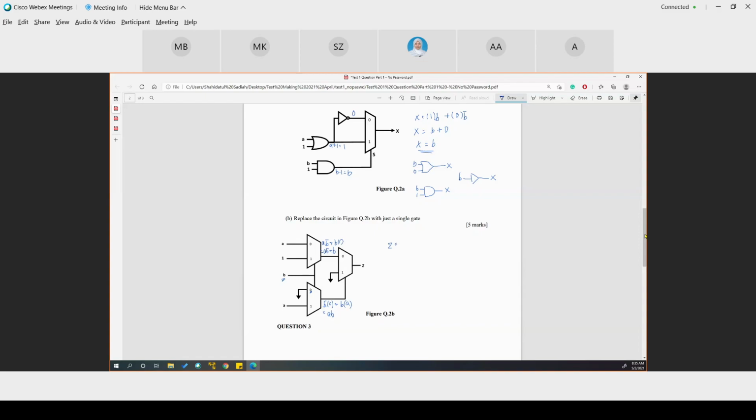Now the selector is AB bar, B, AB 1 plus, and when selector is 1, 0, AB.